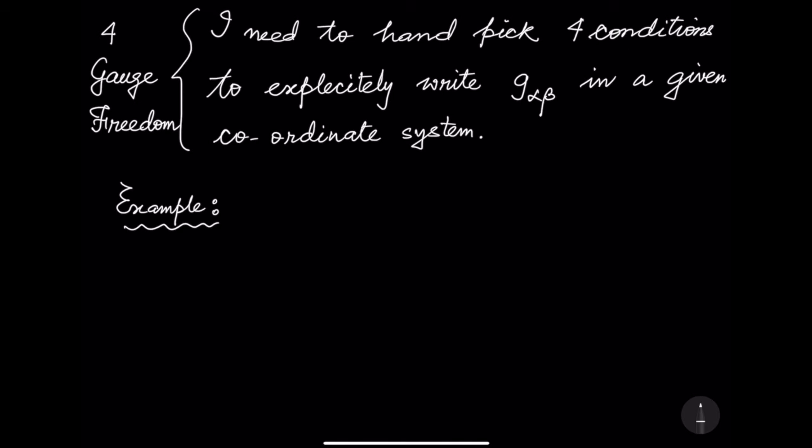But let's see what the examples are. So first let us consider that we have a free particle. This we have done before, but let me go through it again. So for a free particle, what is the equation of motion? Equation of motion in covariant form.